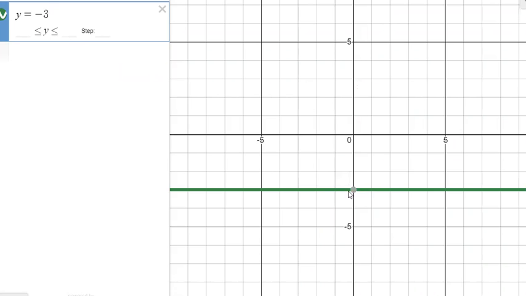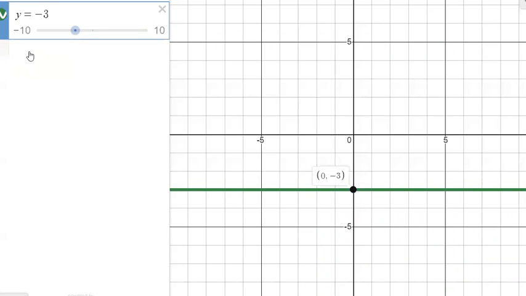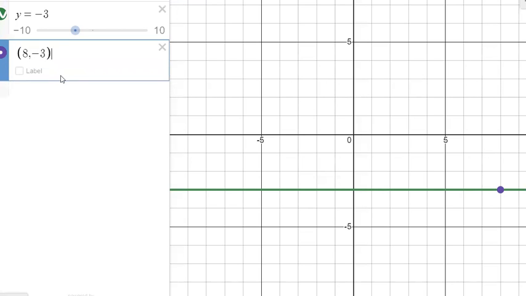It's running through -3 on the y-axis. And I'm going to type in the point 8, -3. And the point is going to show up as a purple point right here. And the horizontal line is running through it. So I know that we got our right answer.